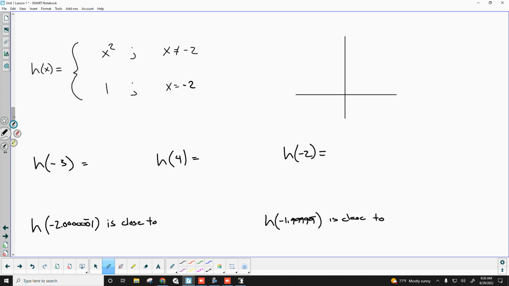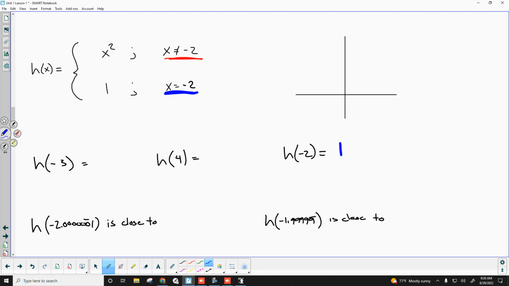That's exactly right, Tesla. Since it's not exactly -2, we're not going to treat it like it's exactly -2. So we've got either equal to -2 or not equal to -2. If we are equal to -2, we'll use 1.